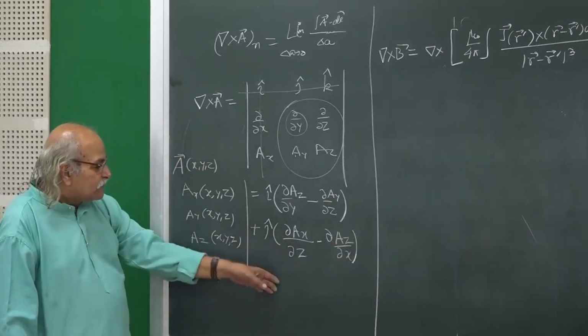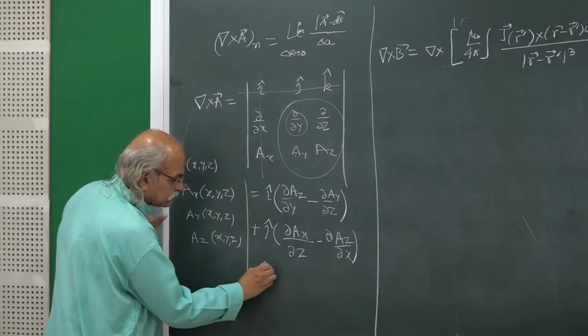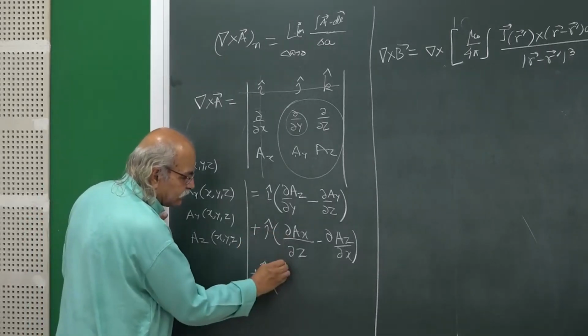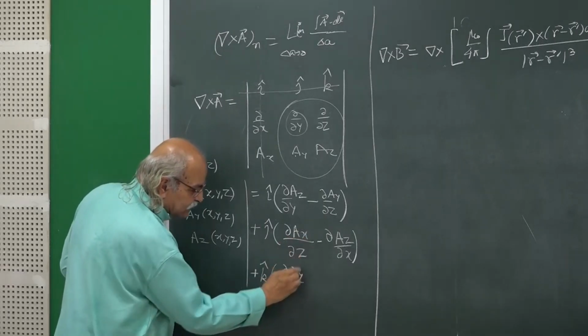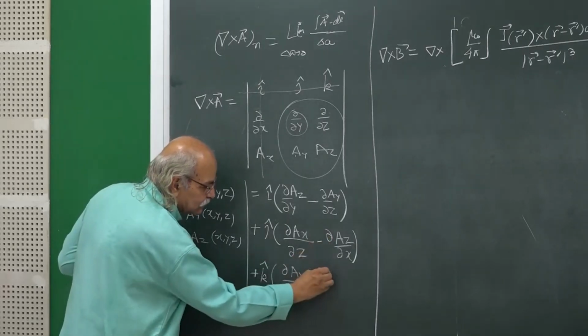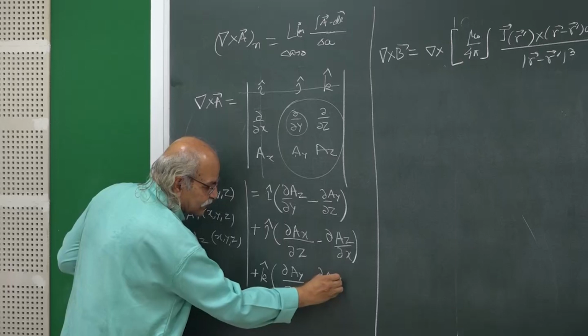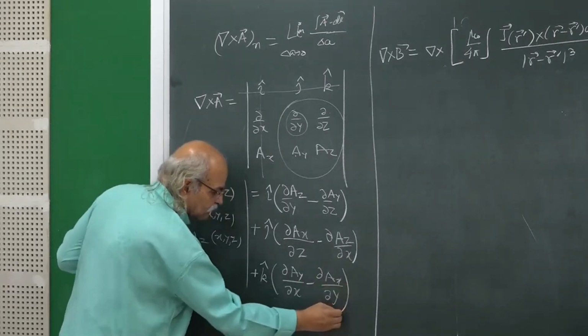And one more time cyclic permutation. So, j cap becomes k cap, and then del x becomes del y, so this is Ay, z becomes x, so it is del x, and then minus here, z becomes x, and this x becomes y. Finish.